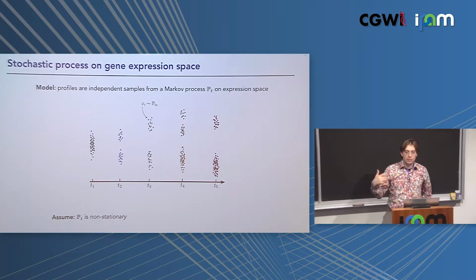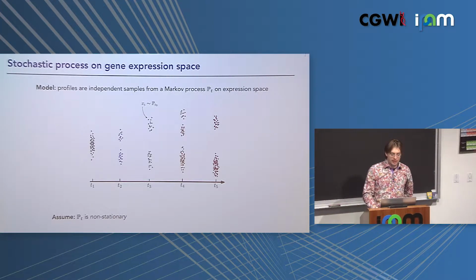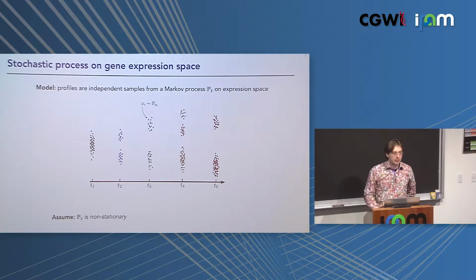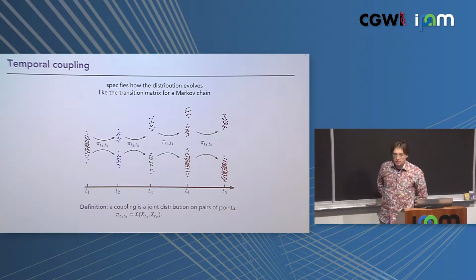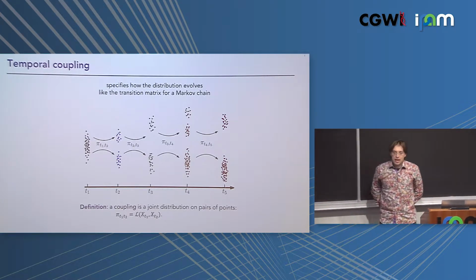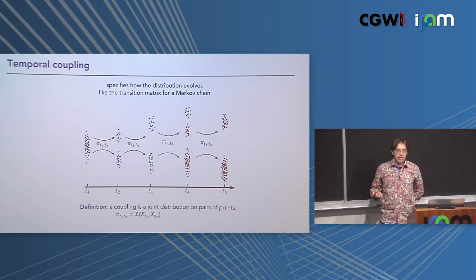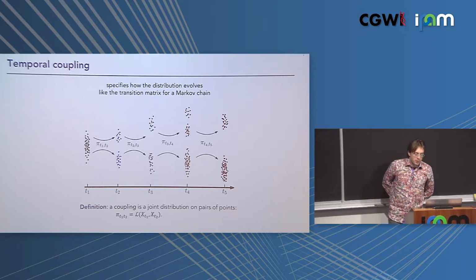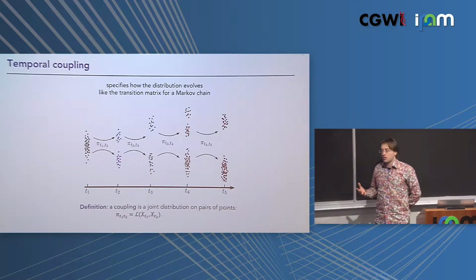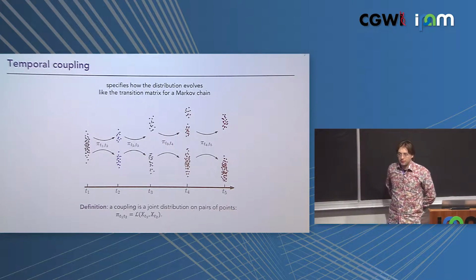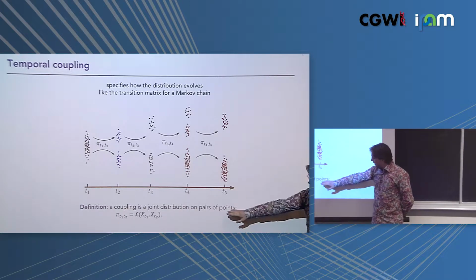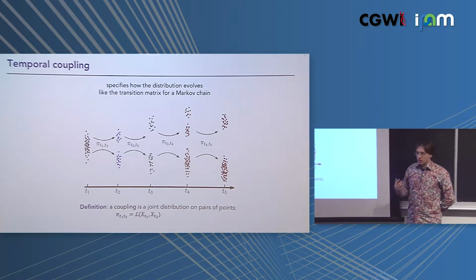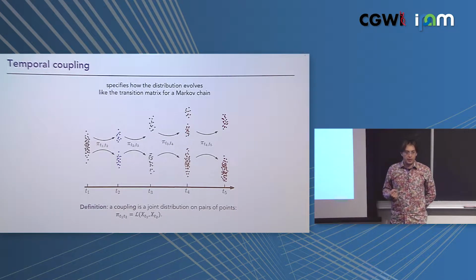That's why I use the word developmental process, because it's suggestive of this stochastic process. And we assume it's Markov and stuff like that. The coupling of a stochastic process describes how the distribution changes over time. This is precisely the information that's lost by single-cell RNA sequencing, because we kill the cell. Mathematically, a coupling is a joint distribution on pairs of time points.